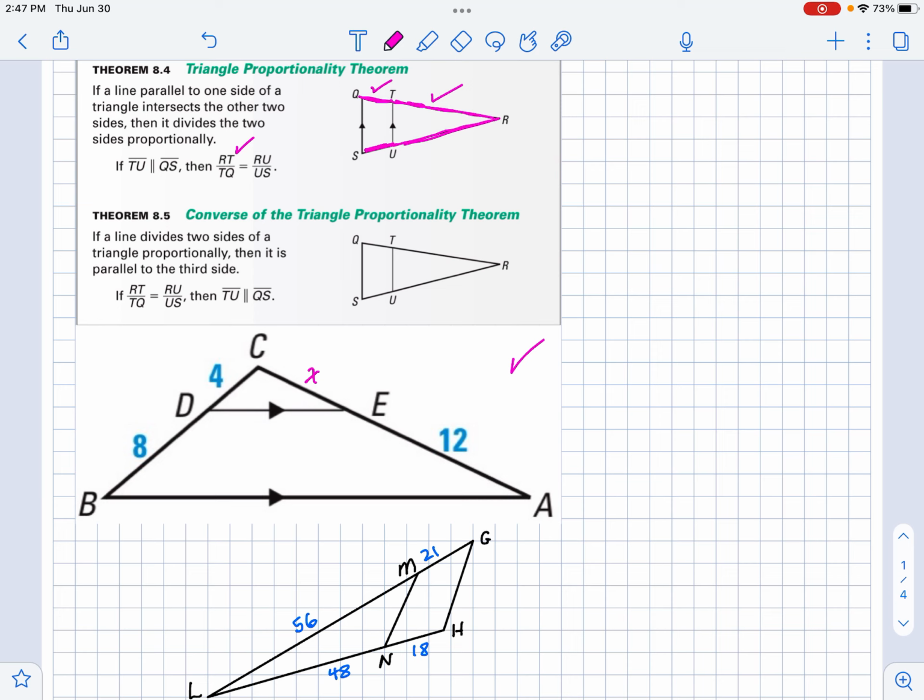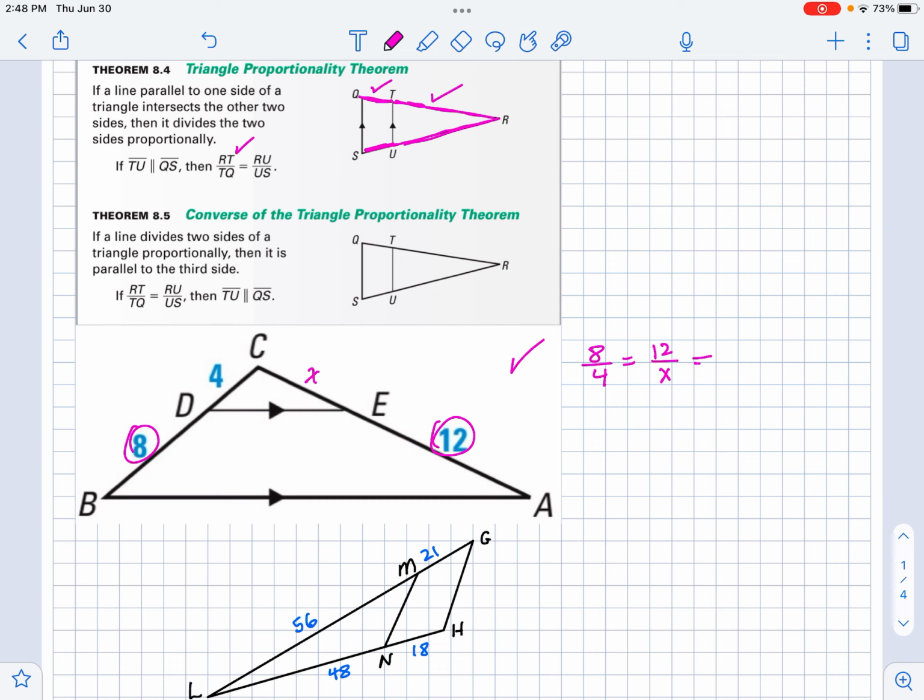But here's what we know. We know that 8 over 4 is equal, now let's use the corresponding sides, 12 over X. I use the longest segment on top, so over here the longest segment's got to be on top.